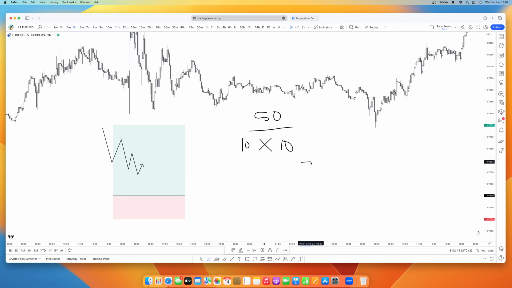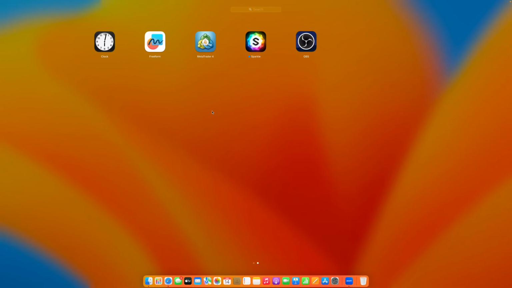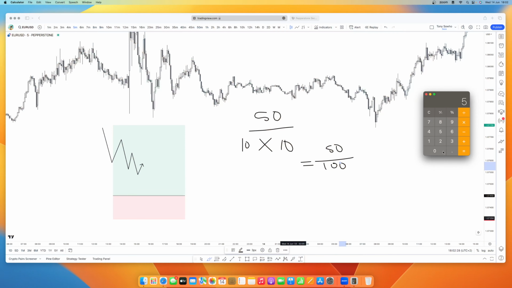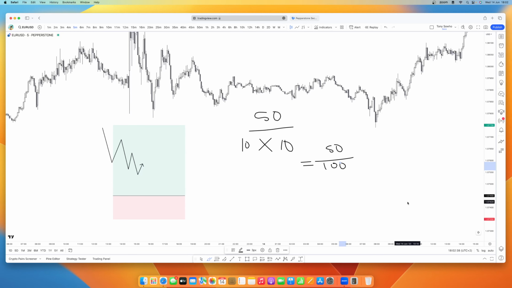So it's going to be 50 divided by 100. Come to the calculator, and we're going to do 50 divided by 100. So the lot size you're going to use on that trade is 0.5. Then you input this buy area entry, the stop loss, and the TP. That is your buy limit.